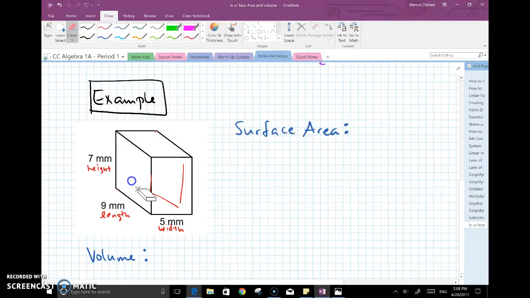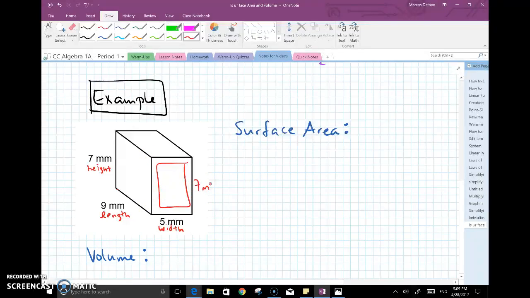To get the surface area, first, I'm going to pick a surface to focus on. The one I want to focus on is this front face right here. I know that the width of this is 5 millimeters. The height of it is 7, and I know that because this is 7 from here to here, and if this is 7, then so is this. So I can call this 7 millimeters.